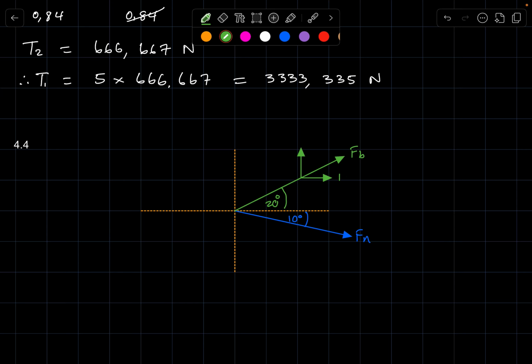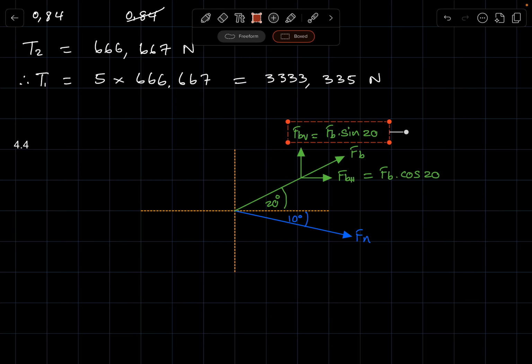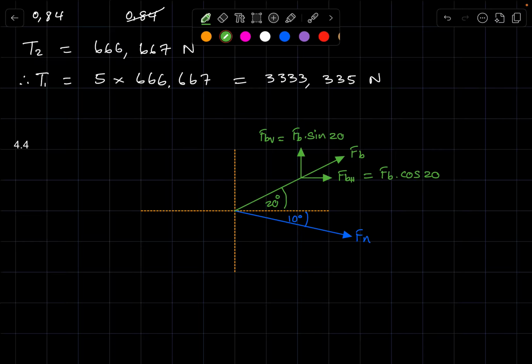So this being the horizontal component of the belt force, this will be equal to the belt force cos 20, and then this one will be the vertical component of the belt force, which is belt force times sine 20. Right, those are the two components which we will then be able to use in applying conditions of equilibrium.